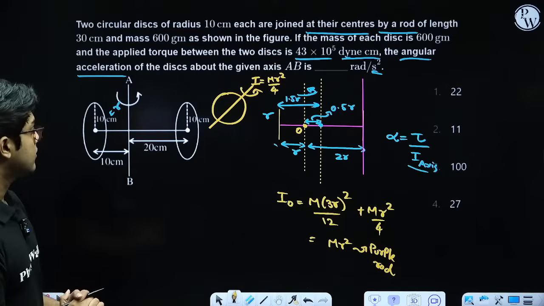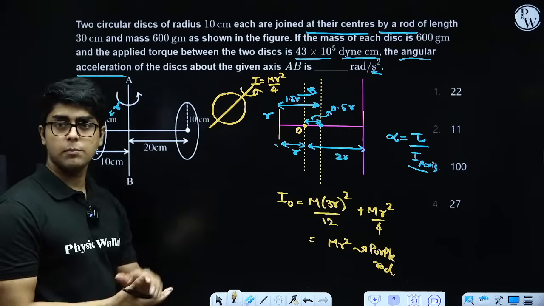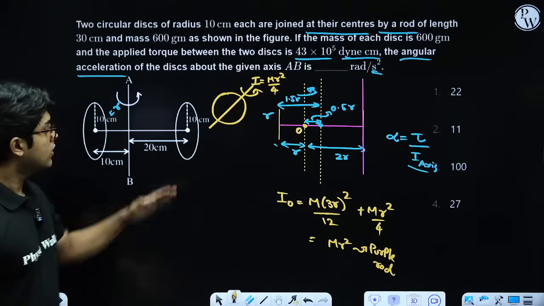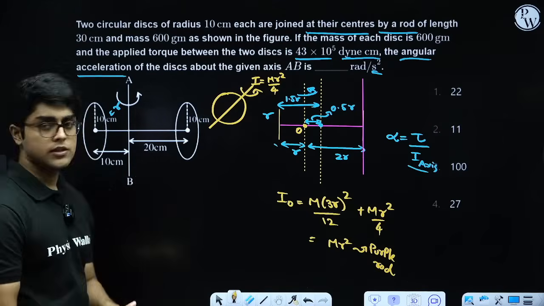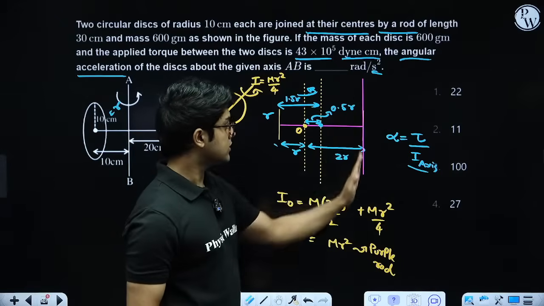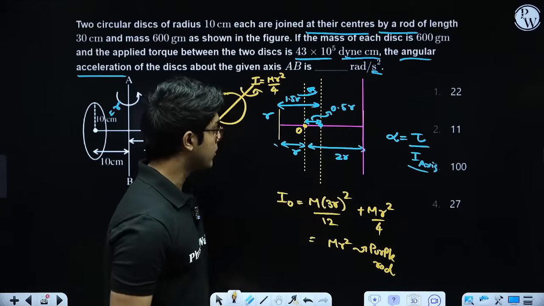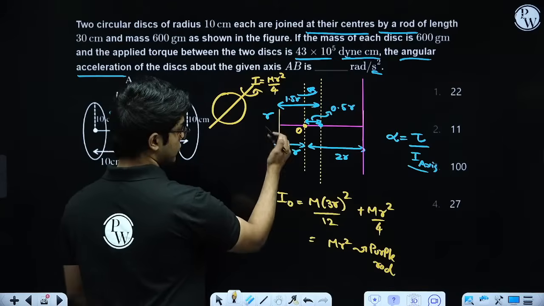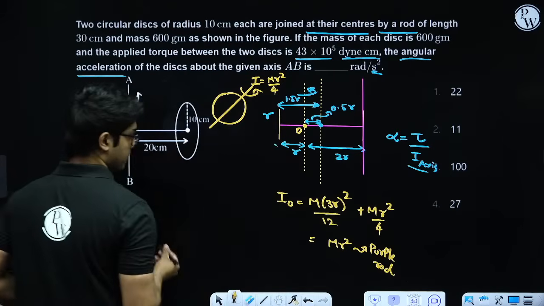For an axis perpendicular to the plane of the ring, it is mr square by 2. For an axis along the diameter, it is mr square by 4. Similarly, for this disc also, the moment of inertia is mr square by 4.